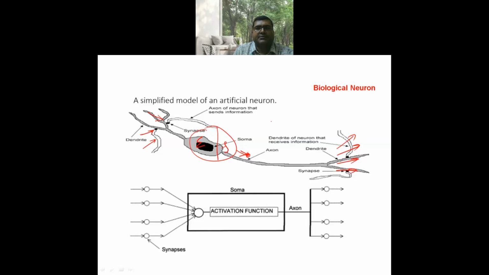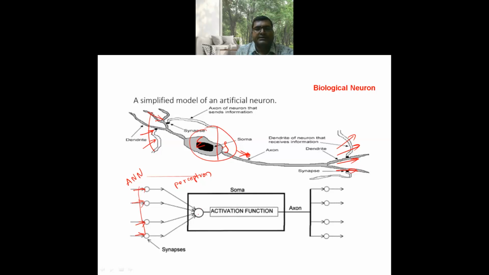Now here the concept of biological neuron can be applied to the artificial neurons or artificial neural network, in that it is a perceptron. Now here n number of signals are received, as in case of dendrites, the artificial neural network receives n number of signals at a particular neuron.